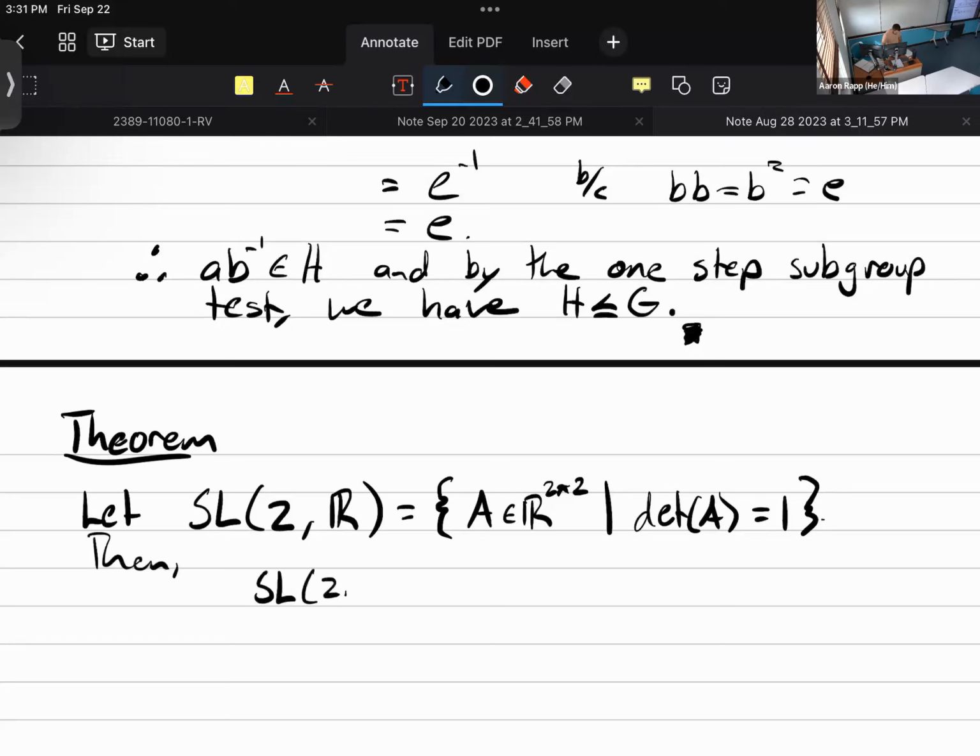The special linear group of order 2 from 2 by 2 matrices over the reals is a subgroup. The general set is the general linear group of 2 by 2 matrices with real entries.